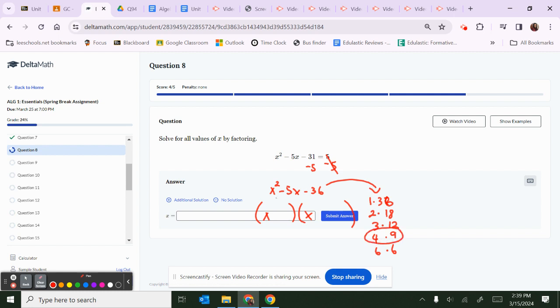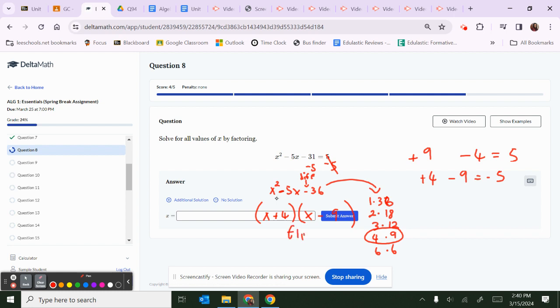So I see a negative here, so I think about different signs. That means one of them is going to be positive, the other is going to be negative. So if your 9 was positive and your 4 was negative, 9 take away 4 is positive 5. But we need a negative 5. So that means the 4 is positive and the 9 is negative.